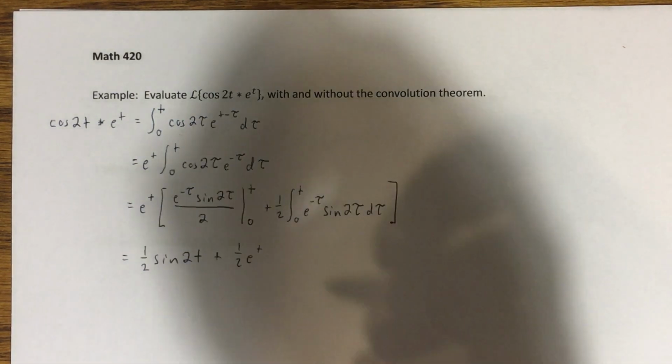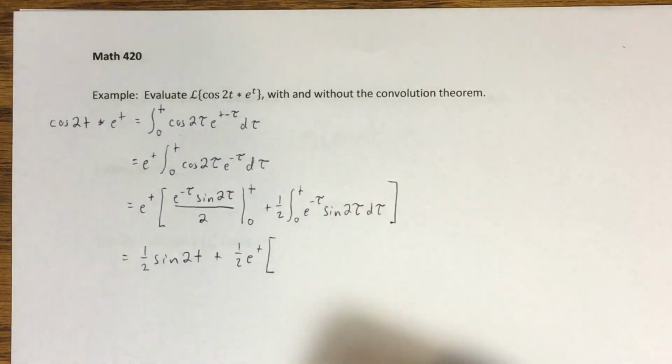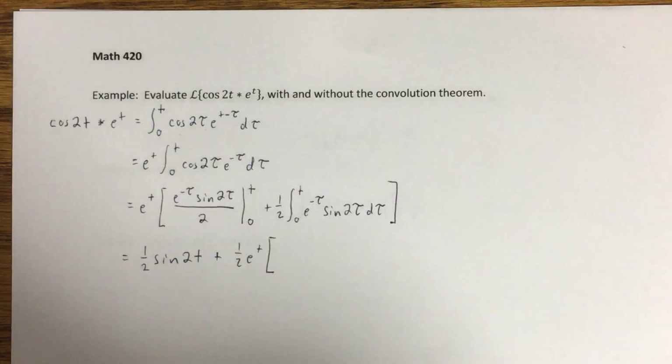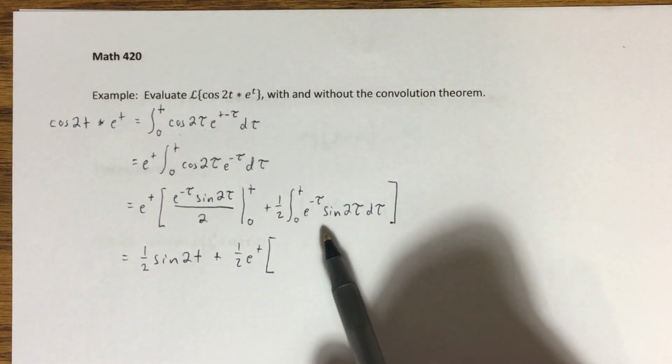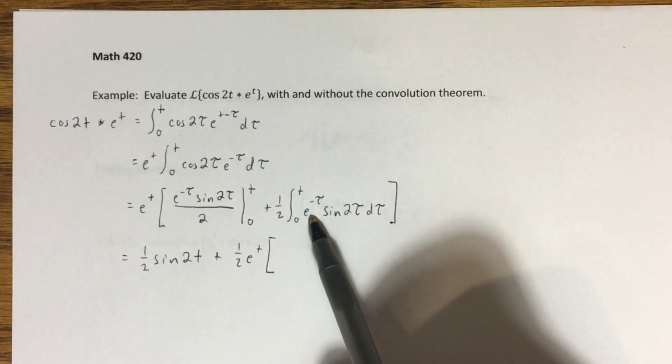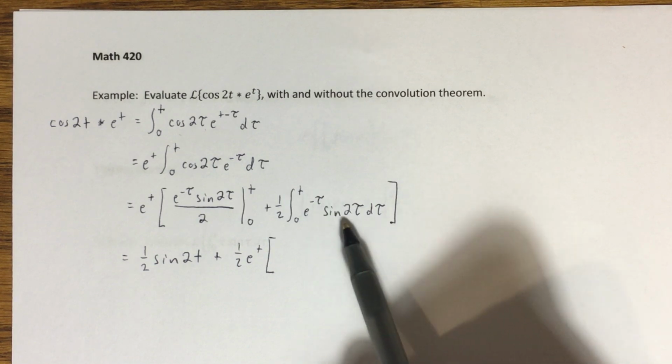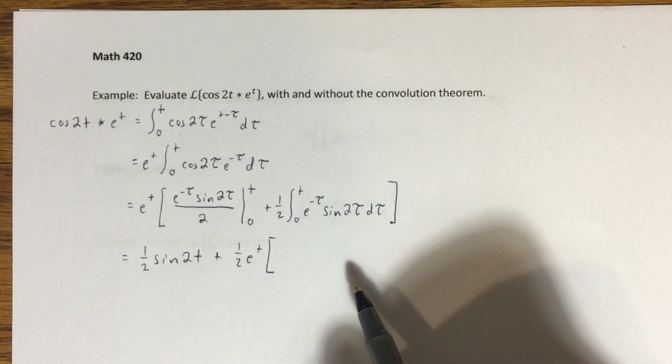But this integral also is going to require integration by parts. So once again, I'm going to skip all the labeling of u and dv, but I will mention that I'm choosing e to the negative tau as my u again, and sine of 2 tau d tau is my dv.